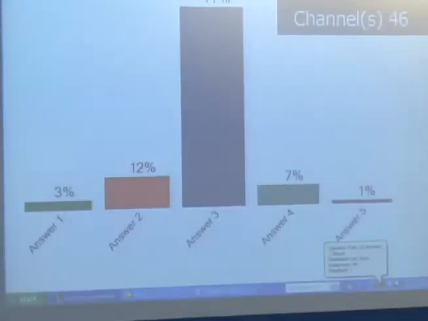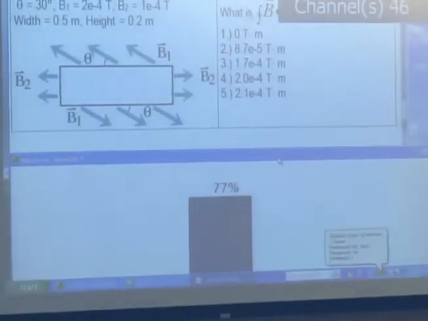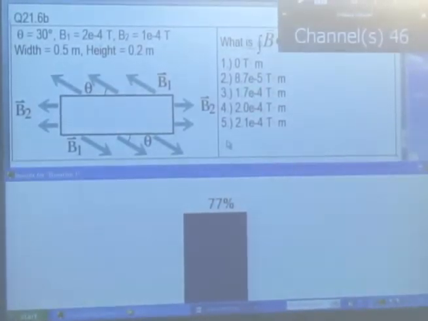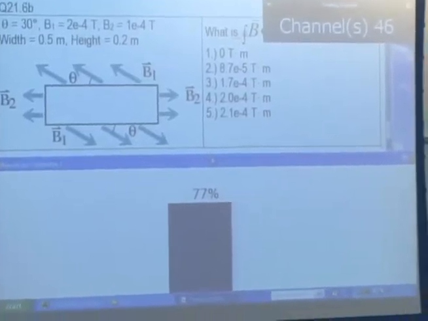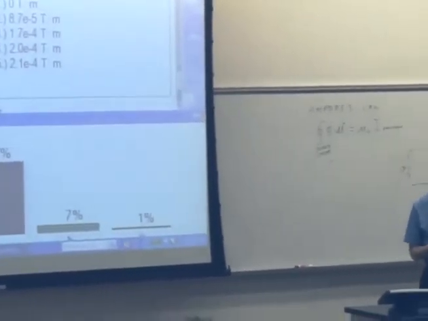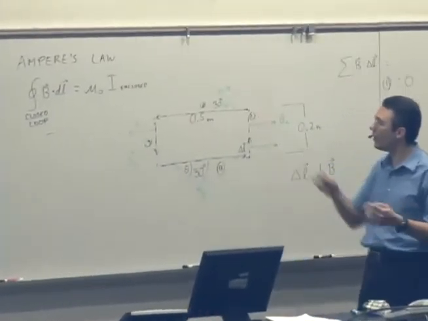Okay, so biggest vote for answer 3, which is 1.7 times 10 to the minus 4, and the units are just Tesla times meters, the magnetic field times the length, and I believe that is correct. Some people were just having a conversation: why isn't it 0?